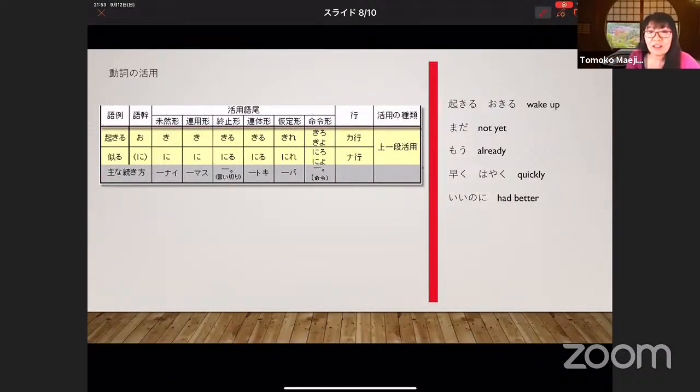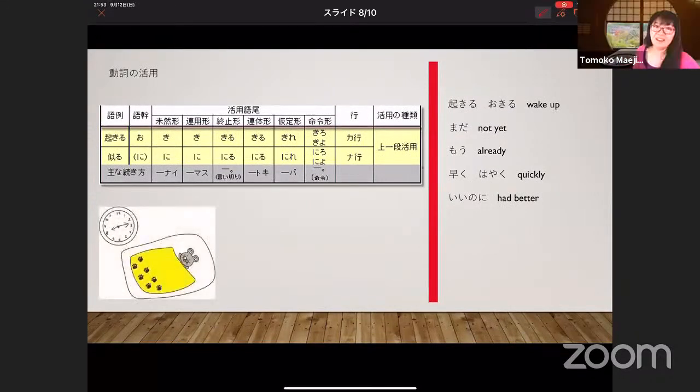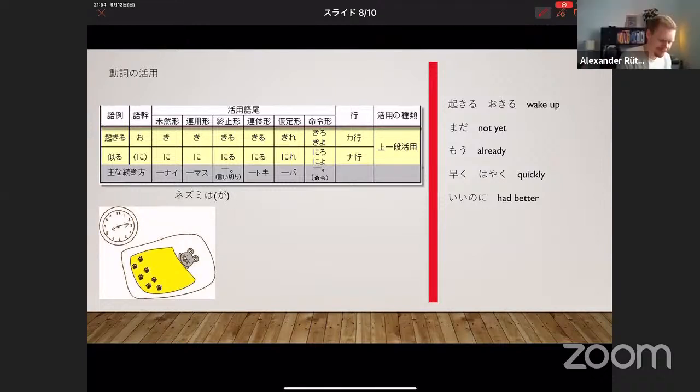The next one, 上一段活用. E sound. What's this animal? Oh, it's a mouse. ネズミ. Nezumi. ネズミ.